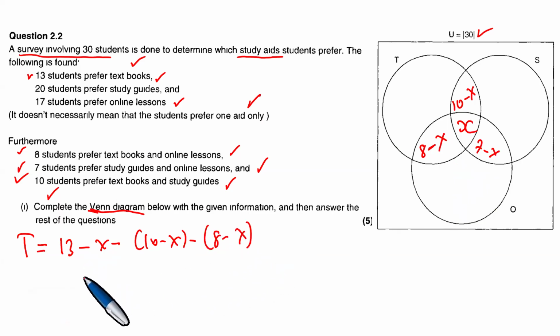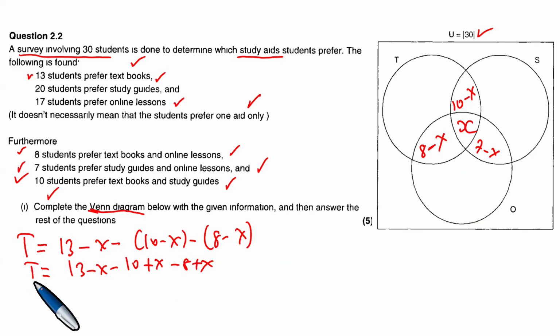And therefore, at this point, what answer do we get? We get 13 minus X minus 10 plus X minus 8 plus X. So what is this? We have 13 minus 10, which is exactly 3. Then 3 minus 8 is minus 5.